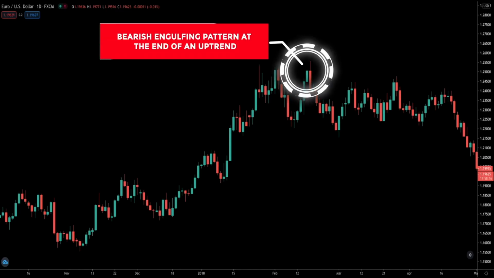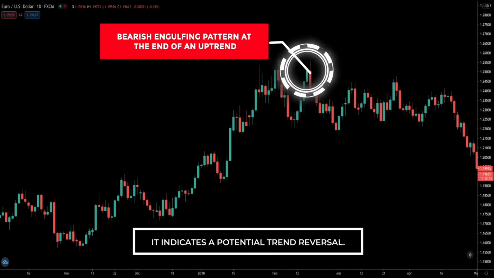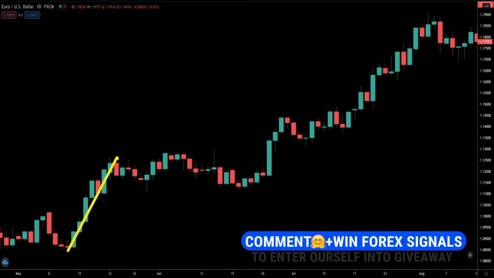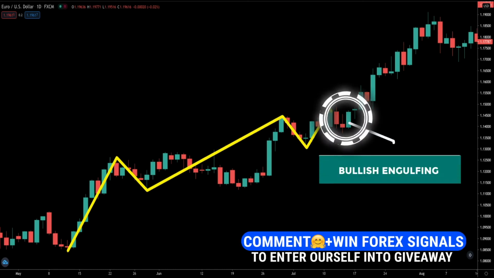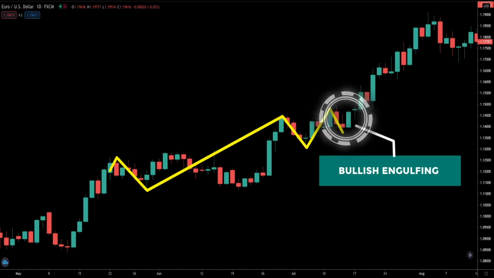Now, when a bearish engulfing pattern occurs at the end of an uptrend, it indicates that the buyers are being overwhelmed by the sellers, and that indicates a potential trend reversal. When a bullish engulfing pattern forms in the context of an uptrend, it should be viewed as a continuation signal that the price is still bullish.